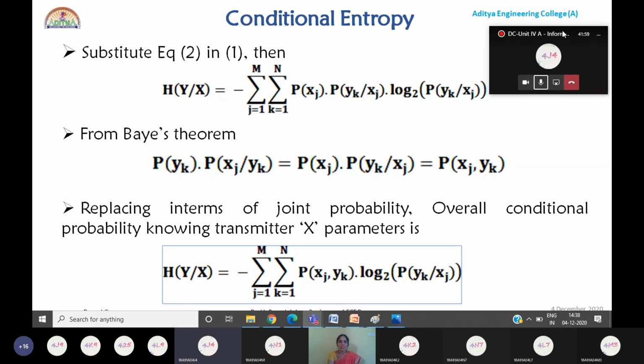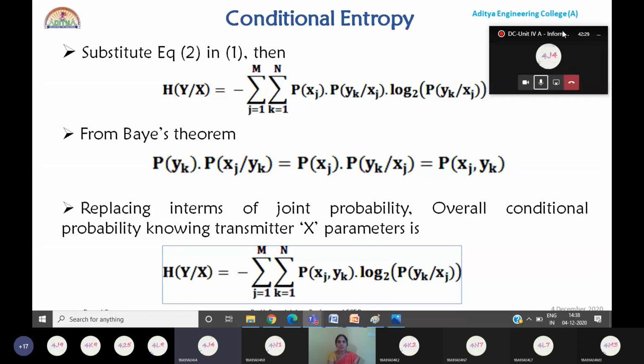Here equation 2 will be substituted in equation 1. Now we'll get h of y by x is equal to minus of summation j equal to 1 to m and summation k equal to 1 to n p of xj into p of yk by xj log base 2 of p of yk by xj.